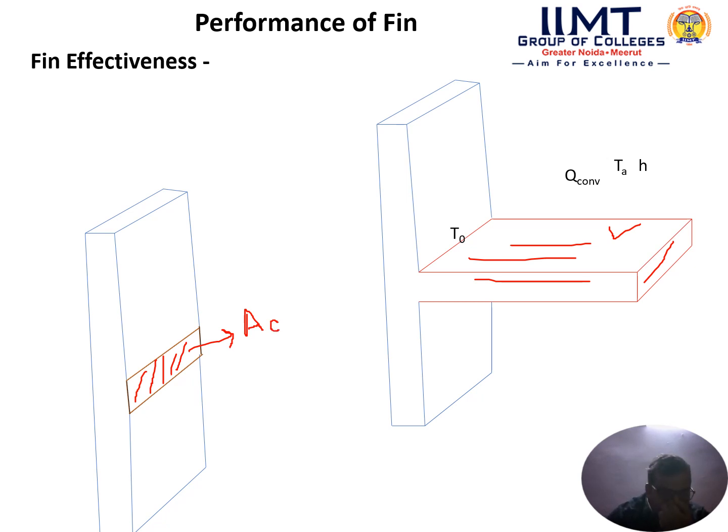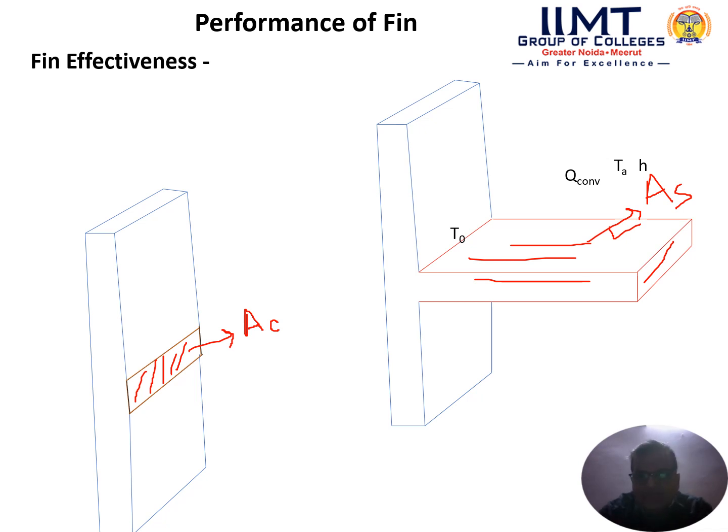When we use the fin at that cross section area, then that small area will be converted into that large area, and this is said to be the AS, surface area of the fin, and this will be equal to what? P into L. Okay, perimeter into length of the fin.